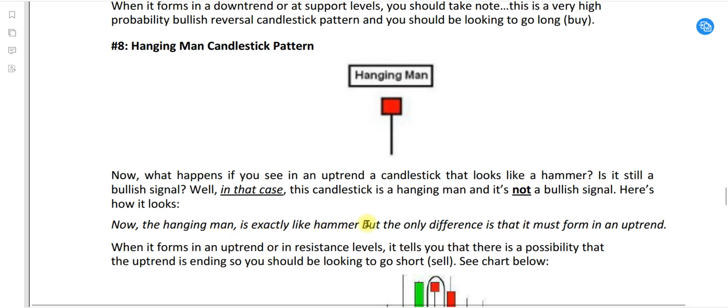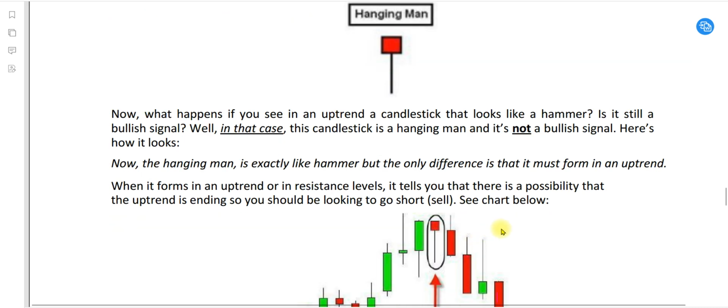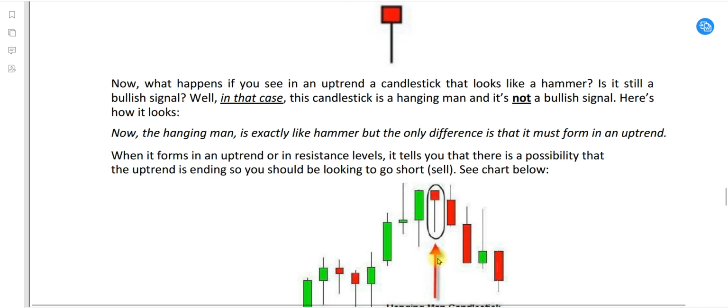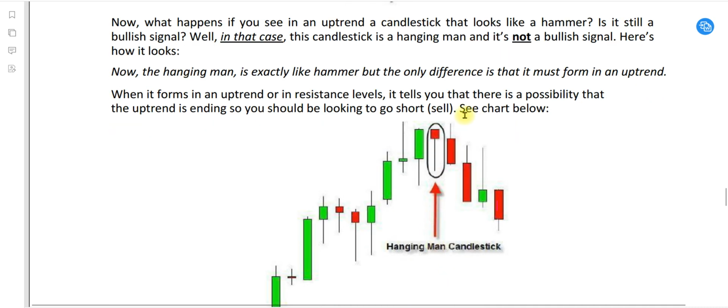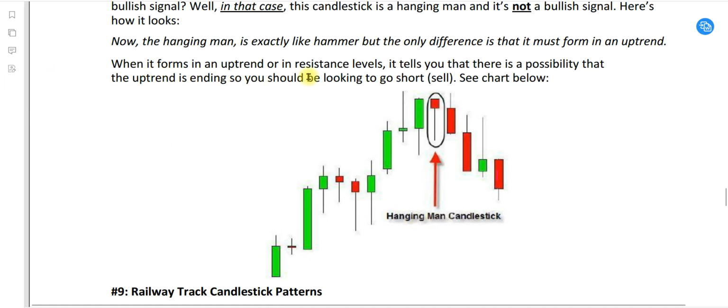The hanging man is exactly like the hammer, but the only difference is that it must form in an uptrend. While we said the hammer forms in a downtrend or at the support level, the hanging man is always found in the uptrend or at the resistance zone, just like we can see here. So it is a bearish signal. It signals to us to sell. When it forms in an uptrend, it tells you that there is a possibility that the uptrend is ending, so you should be looking to go short.